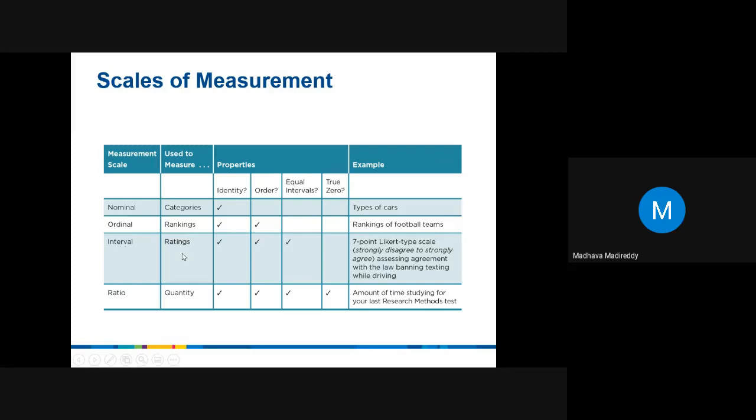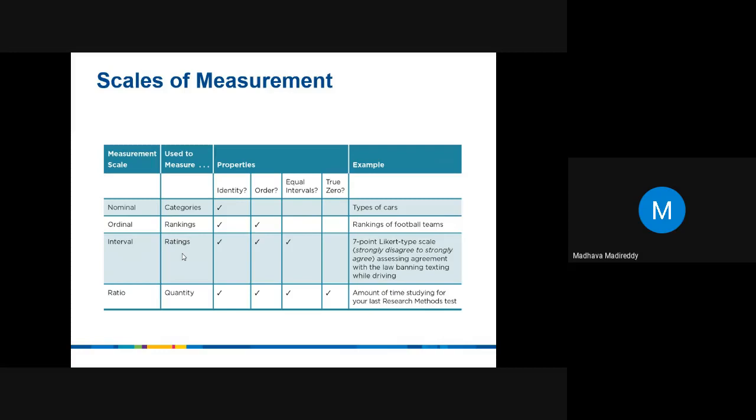Interval means how much you like a certain item. Let us say you watched a football game and somebody asks you how much do you enjoy the football game. You can say I really hated it, I hated it, it is very boring, it's okay, then you can say it's good, it is very good, it is super, right?